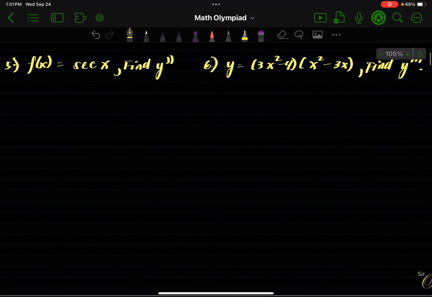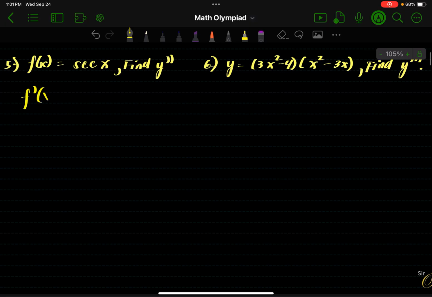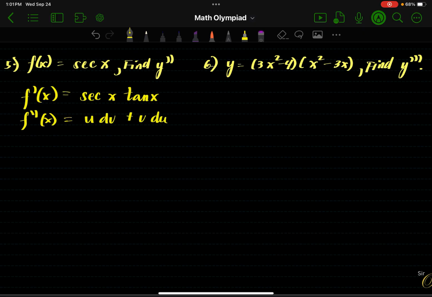Number 5, find the second derivative of the function secant x. The first derivative of secant x is secant x tangent x. Then, to find the second derivative, apply the u dv plus v du.